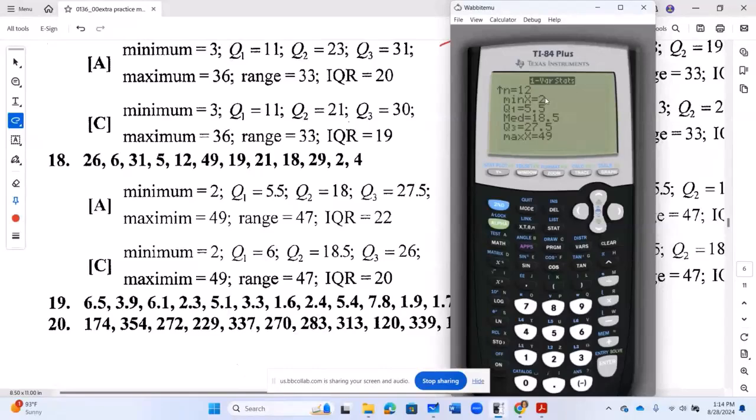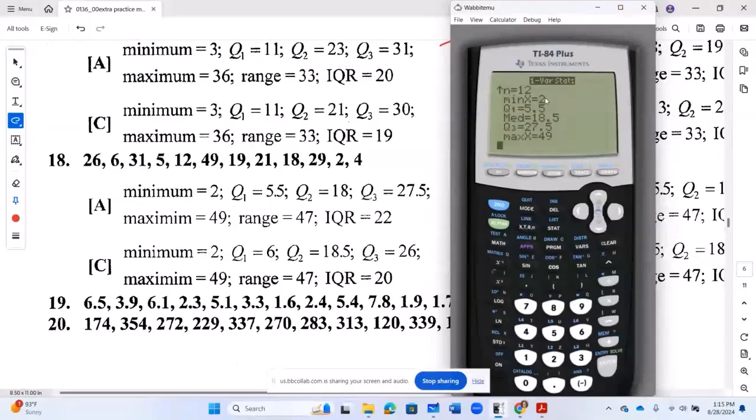Okay. What is the interquartile range in number 18? Remember that the interquartile range is Q3, the third quartile, minus the first quartile. Somebody unmute yourself and tell me what the interquartile range is.